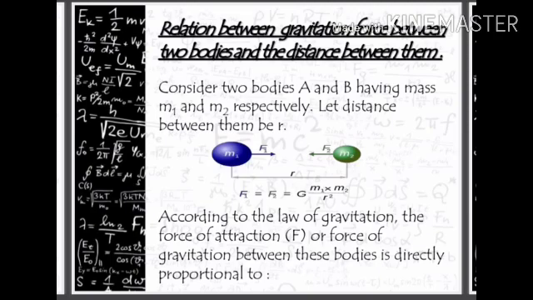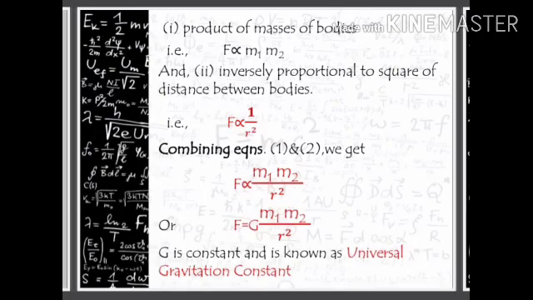If we consider two bodies, let us assume they are A and B, and F is the force acting on these bodies A and B, and m1 and m2 are the masses of A and B. According to the universal law of gravitation, the force is directly proportional to the product of their masses, that is m1 and m2.